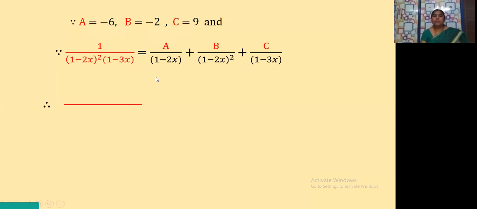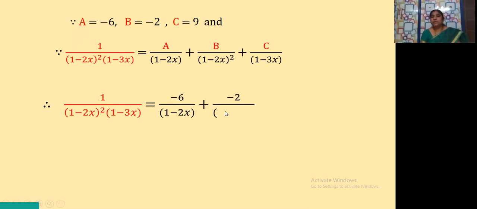Now what is the equation we get? 1 by 1 minus 2x whole square into 1 minus 3x is equal to minus 6 by 1 minus 2x plus minus 2 by 1 minus 2x whole square plus 9 by 1 minus 3x. So this is the equation.